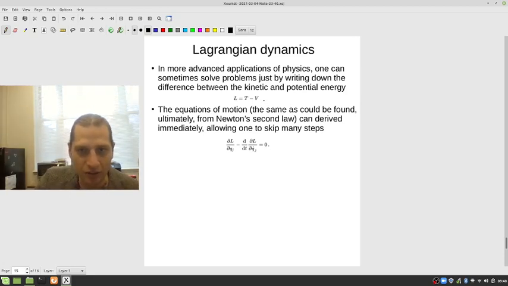And by doing this, you can use the calculus of variations, a branch of mathematics, to try to see how this can be minimized in time. And you can jump directly from that statement to finding the forces for each one of those particles. So this language change from forces to energy is very powerful.